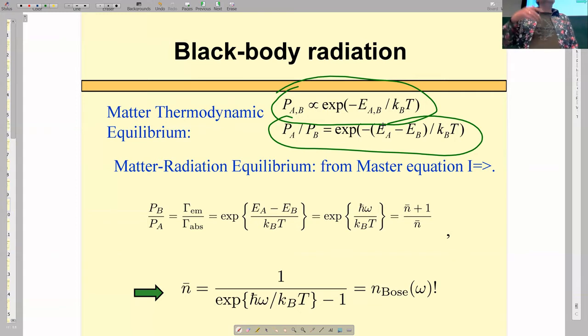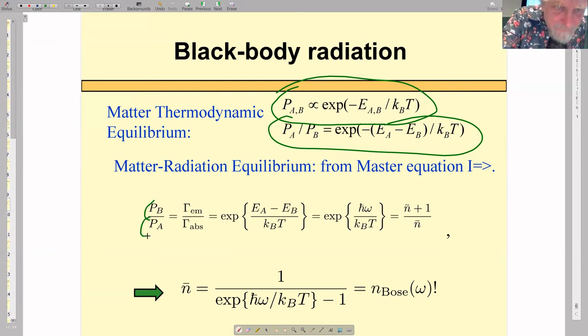But it is also assumed that photons are in thermodynamic equilibrium. So what does it mean?